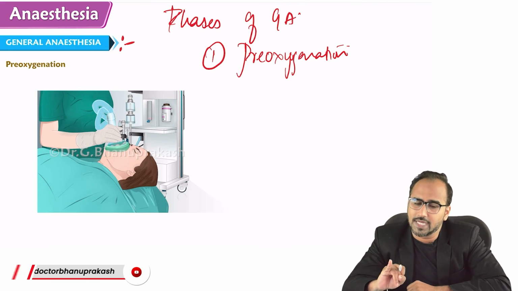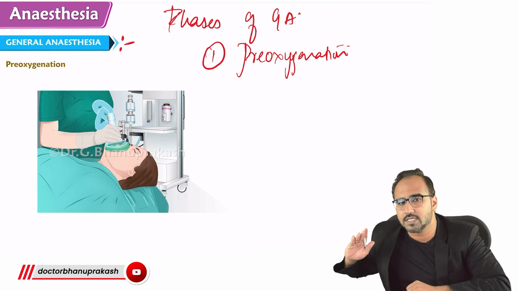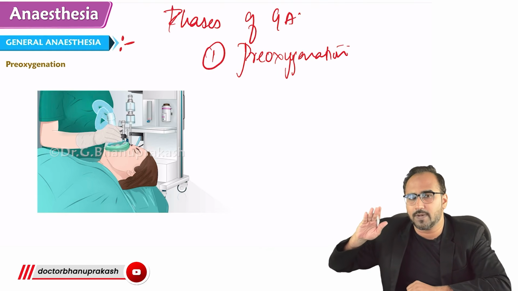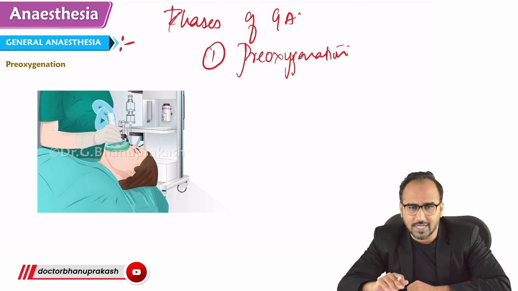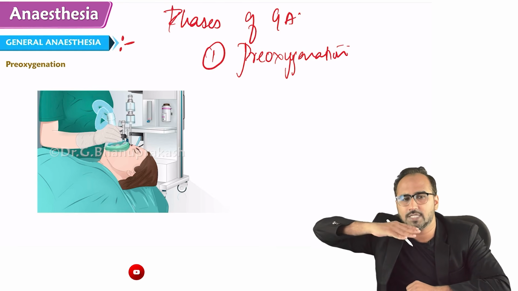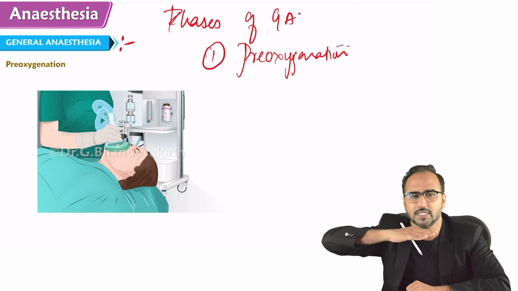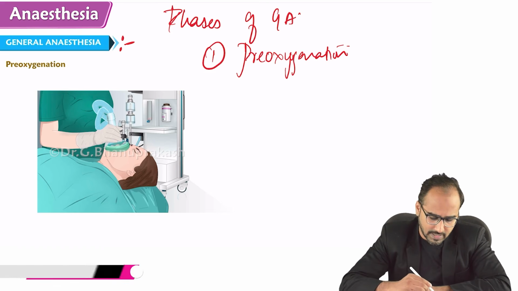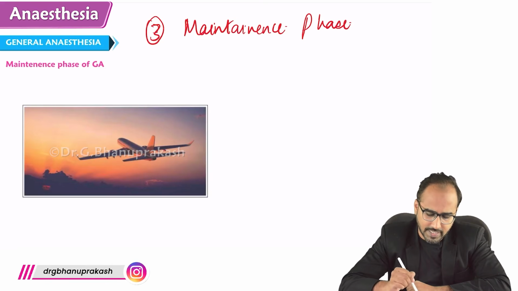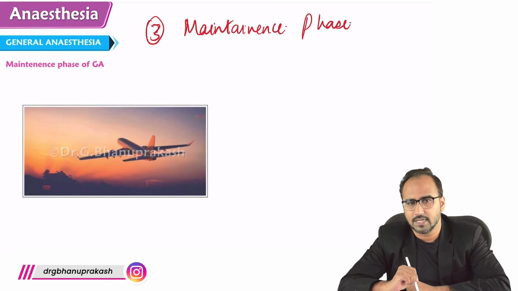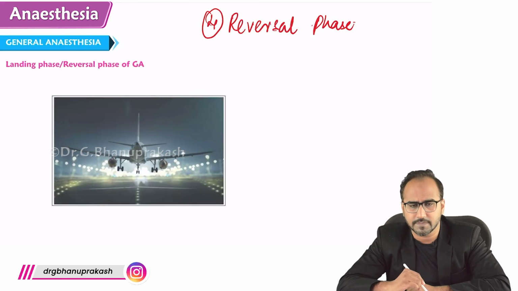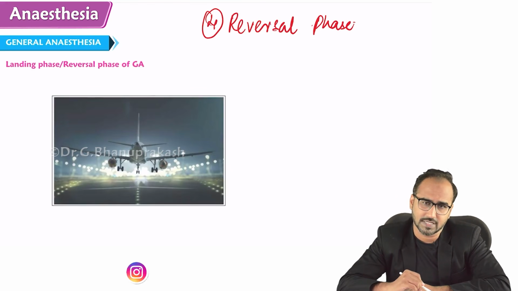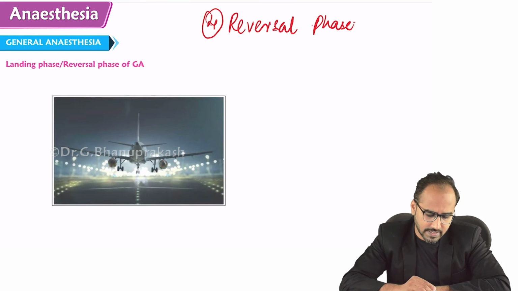Once the refueling is done, the second phase of the aeroplane is the takeoff phase, as the aeroplane is about to take off. After takeoff, the third phase of the aeroplane is the maintenance phase. It will maintain itself in the mid-air. And once the journey is completed, the last phase of the aeroplane is what? The landing phase.